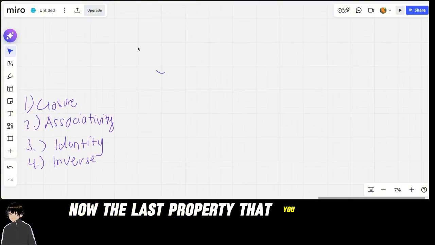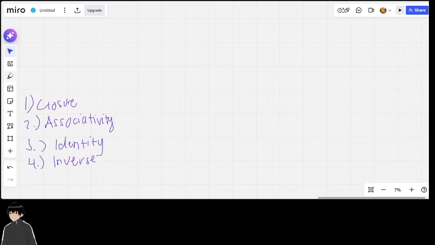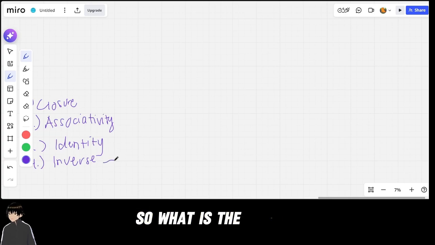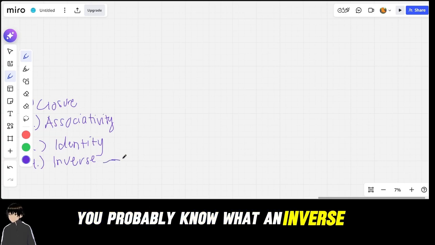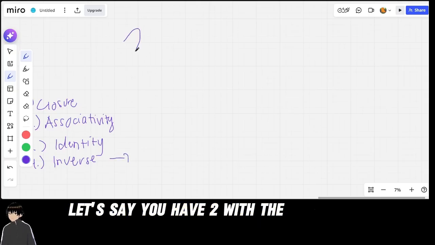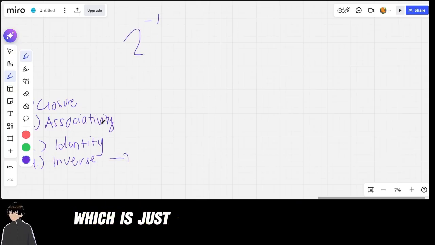Now, the last property that you have to consider when you're dealing with groups in abstract algebra is the inverse. So what is the inverse? You probably know what an inverse is. Let's say you have 2 with the inverse of 2 raised to negative 1.